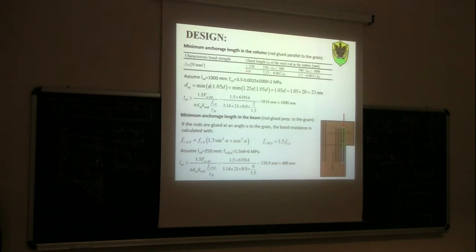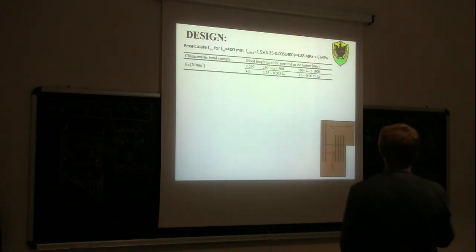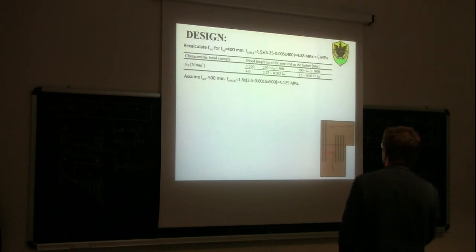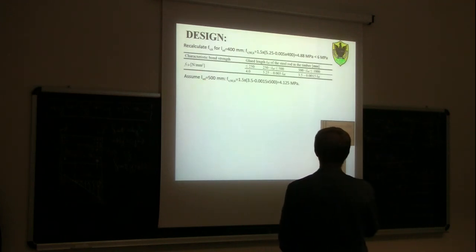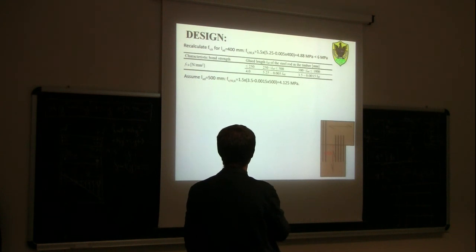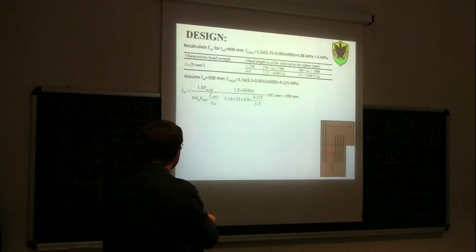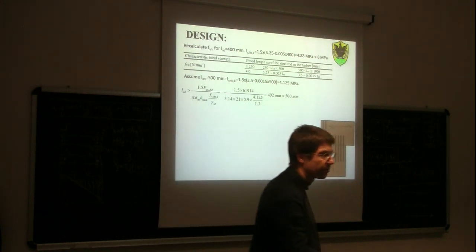With 400, FBK, as you can see, is 5.25 minus 0.005 LAD. So FB 90K becomes 4.88 megapascal, which is less than 6 megapascal. So we have to assume an LAD of at least 500 millimeters. For 500 millimeters, you get an FB 90K of 4.125 megapascal. And then finally, we get to convergence. So the final result is 500 millimeters.